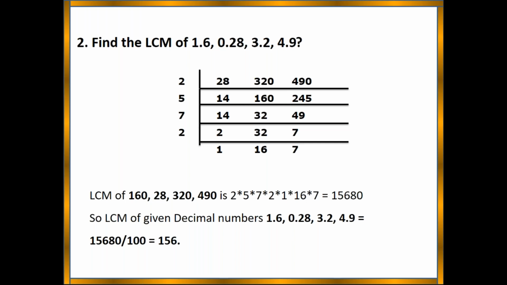If you multiply with 100, you have to divide it by 100. 156.80. So integers completed, decimals completed.